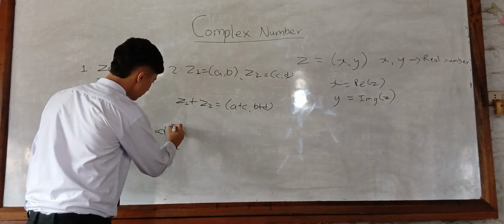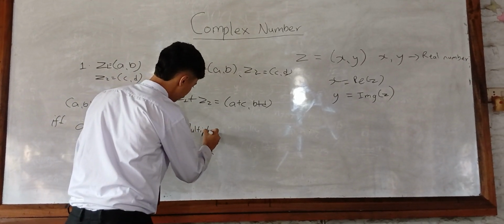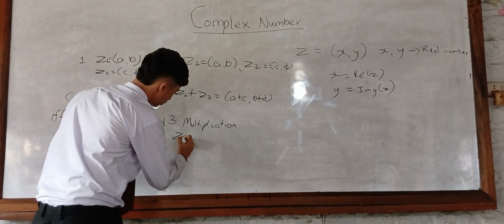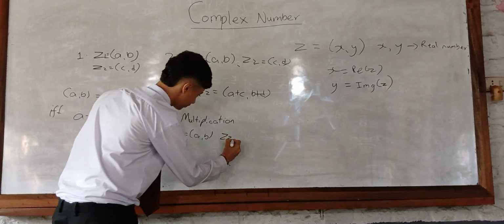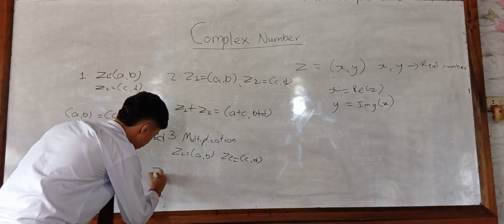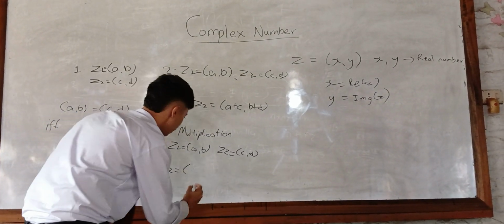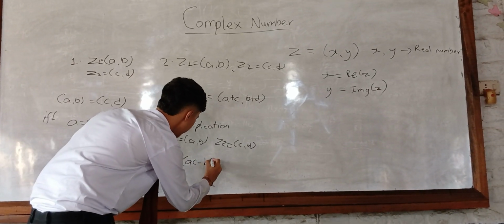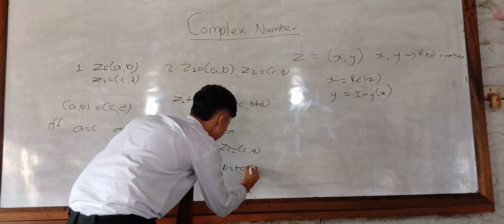Then comes the multiplication. If we take two numbers, a comma b, then c comma d, then z1 into z2 will be ac minus bd comma bc plus ad.